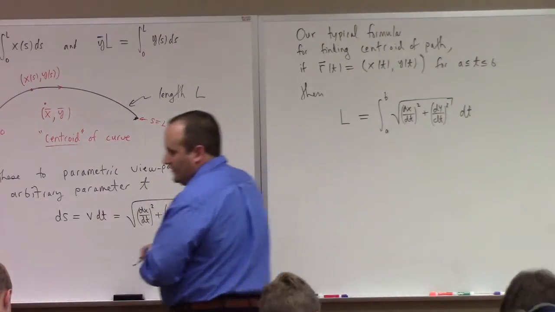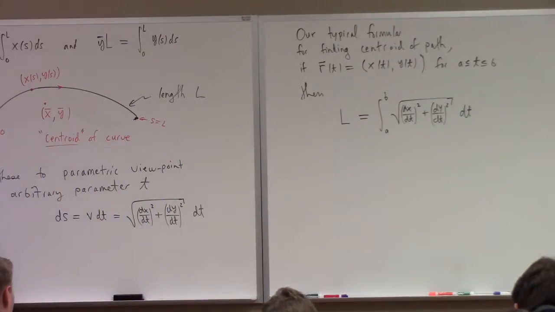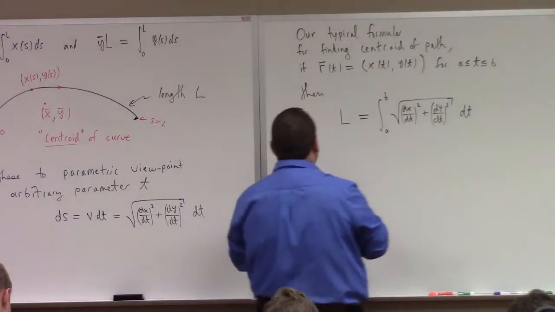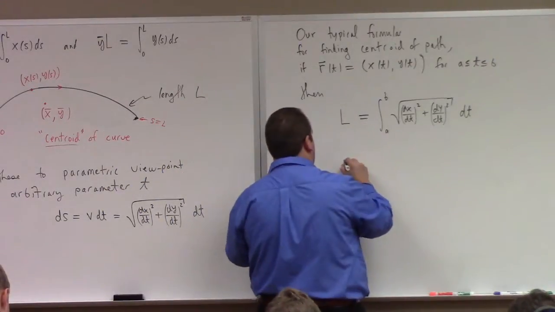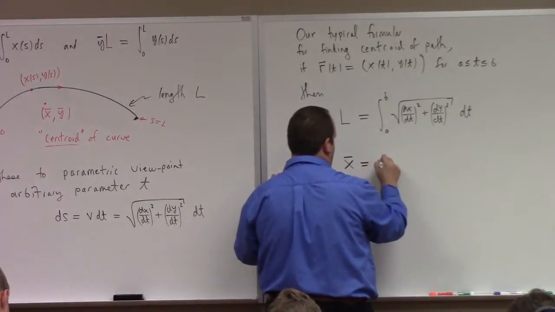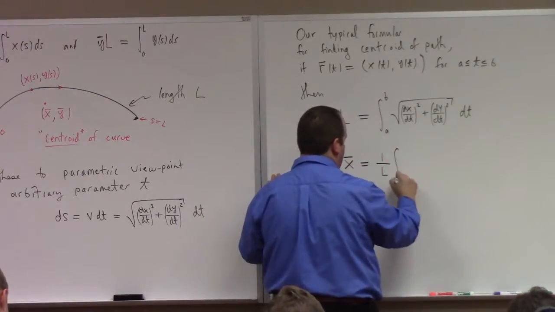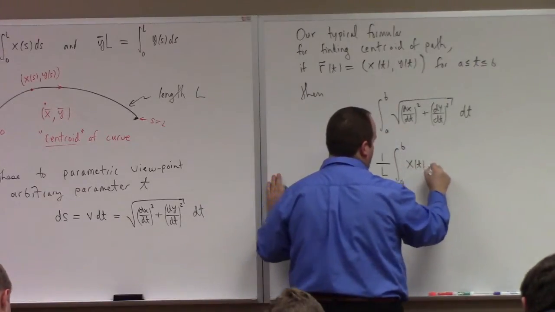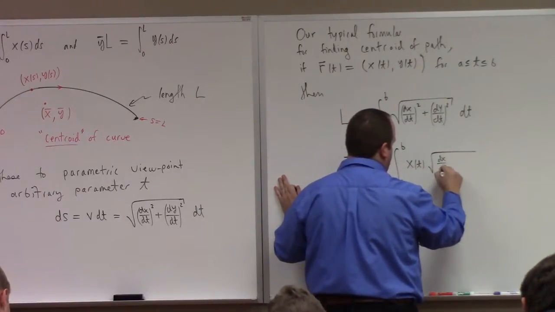And as I was saying, I'm trying to unravel some of the book's comments on pages like 521 to 522. On the other hand, we could also look at it this way: x bar is equal to 1 over L times the integral from a to b of x of t times the square root of dx/dt squared and so on.